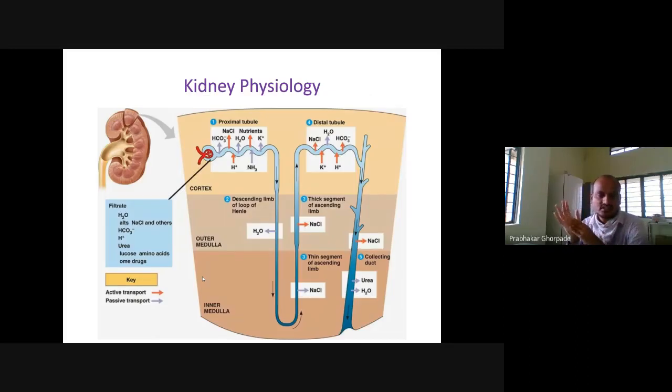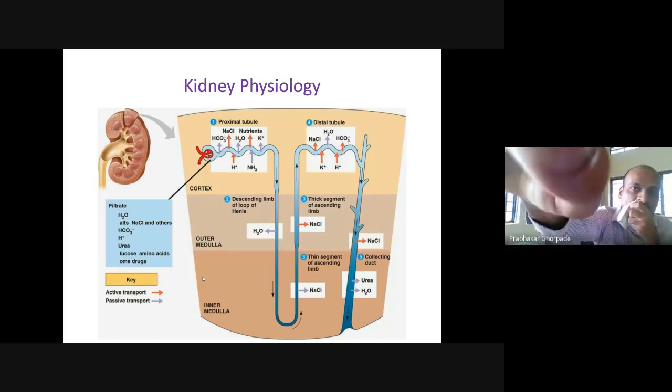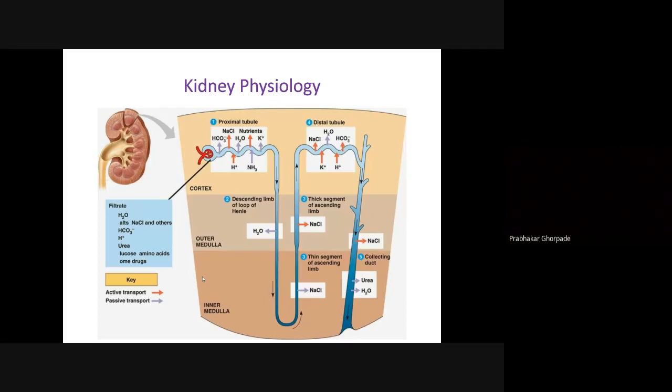So basically in kidney physiology, whenever we have to check the kidney function, many times we tend to use blood urea nitrogen, to see whether the kidney is working properly or not. So this is blood urea nitrogen estimation. If this urea is excreted properly, it means that our blood urea nitrogen is excreted properly.